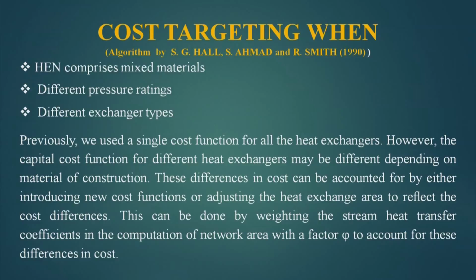If the material of construction changes, then the values of A, B and C used in the cost functions will be different. This difference in costs can be accounted for by either introducing new cost functions or adjusting the heat exchange area to reflect the cost difference.